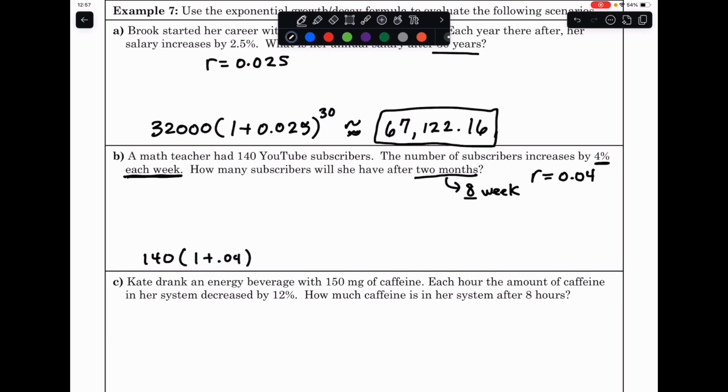Now we're going to do this for a total of 2 months, which is 8 weeks, since this is growing per week. Since this value right here is growing per week, we need the time to also be measured in weeks. And then this gives us a value that's approximately 192 subscribers.